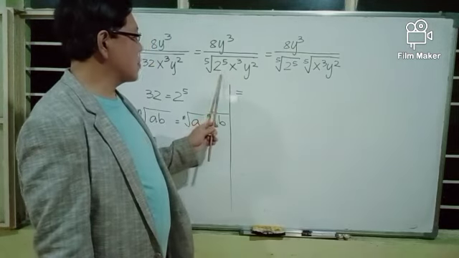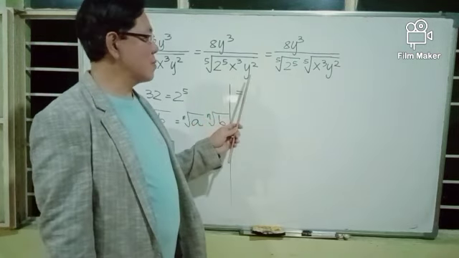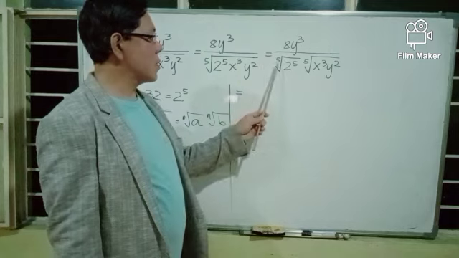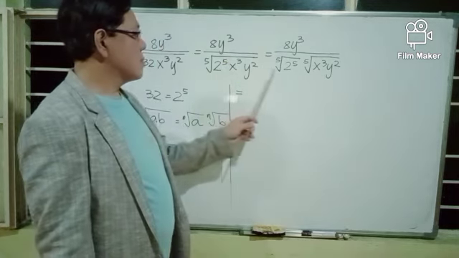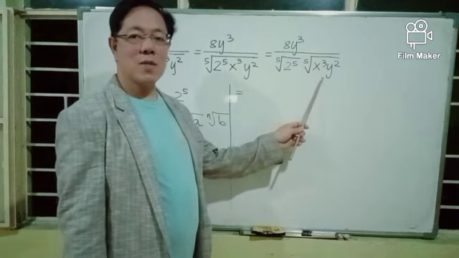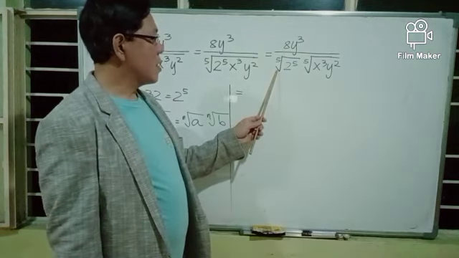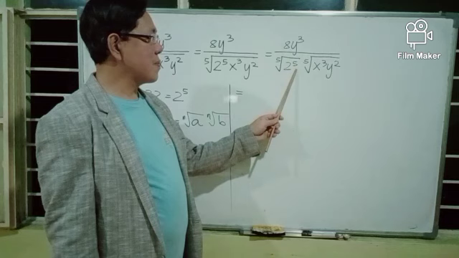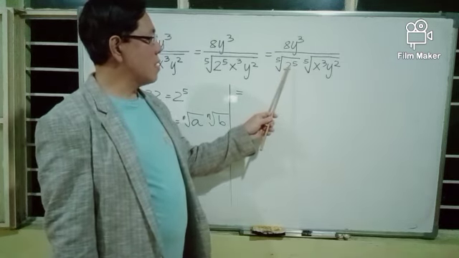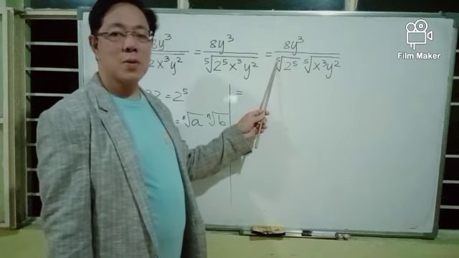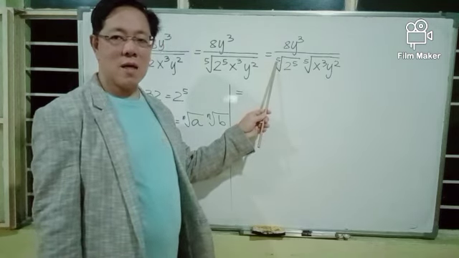So the fifth root of 2 raised to 5 multiplied by x cubed multiplied by y squared is equal to the fifth root of 2 raised to 5 multiplied by the fifth root of x cubed y squared. And the fifth root of 2 raised to 5 can be simplified because the exponent of 2, 5, is equal to the index of the radical sign.